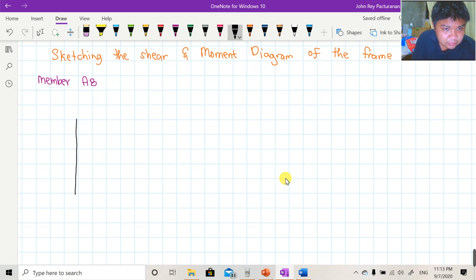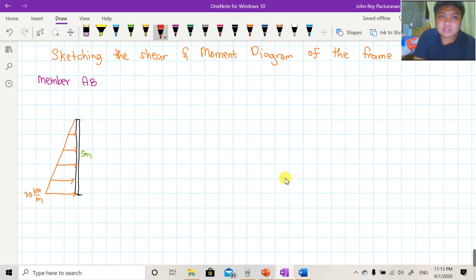So, madali-dali lang to. At the same time, it is distributed triangular, class, in a 30 kilonewton per meter. So, ganito yung magiging itsura niya. Okay. So, sige. This is 30 kilonewton per meter in the span of 5 meters, class.